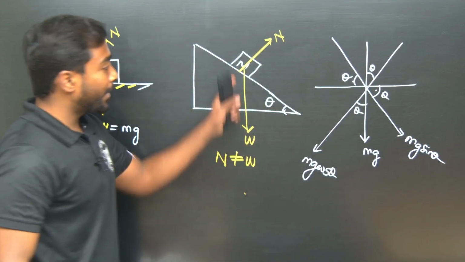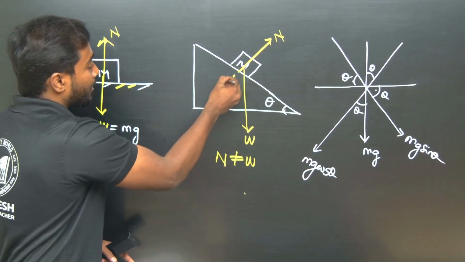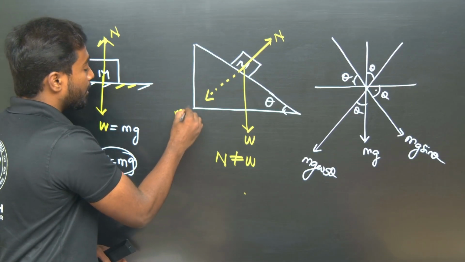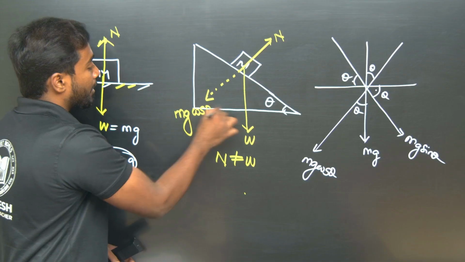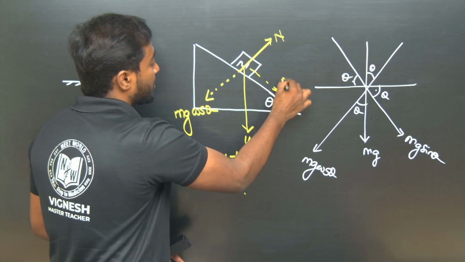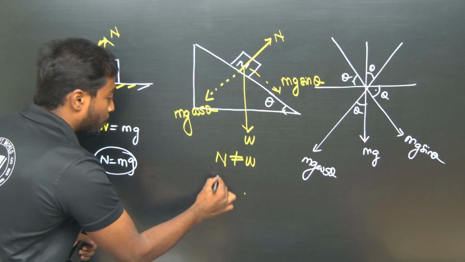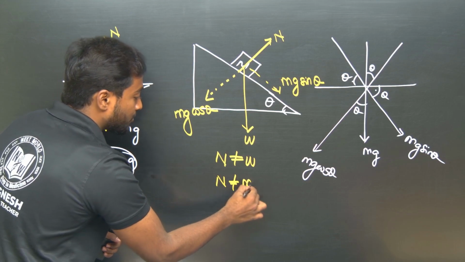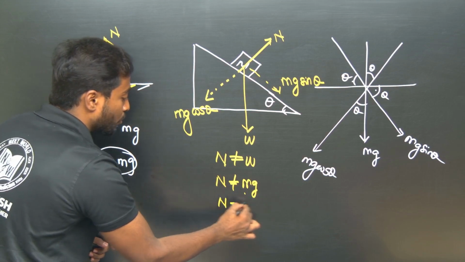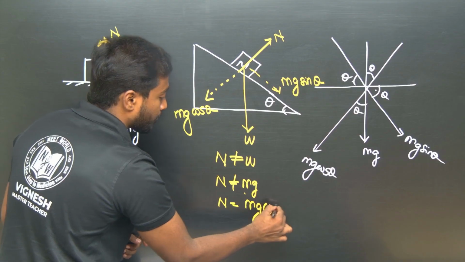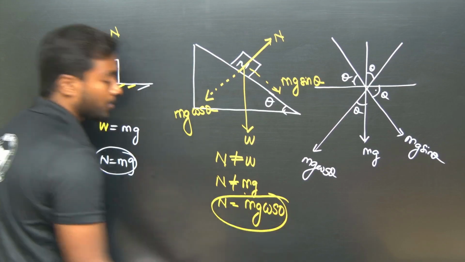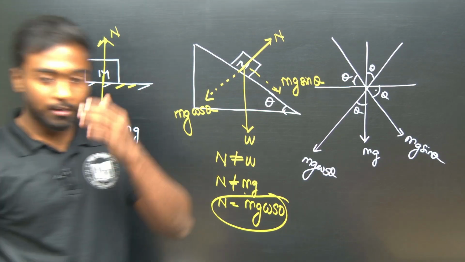Now I can draw that. So now I can say N will not be equal to mg, but it can be equal to mg cos theta. Take a note of it.